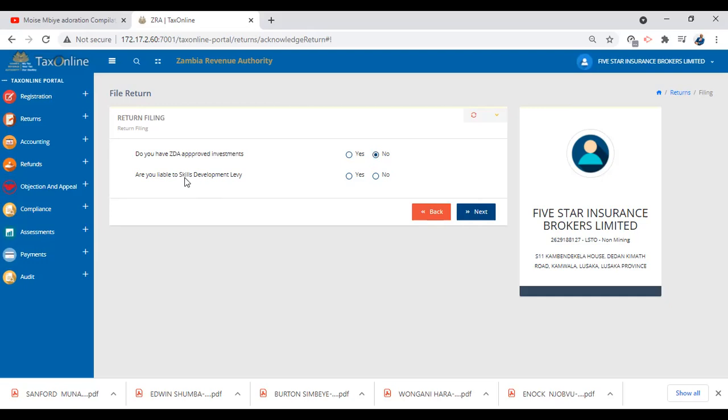And then, are you liable to skills development levy? Skills development levy applies to all registrants who are registered for income tax. By income tax, we mean the threshold for income tax registration is 800,000 kwacha and above.